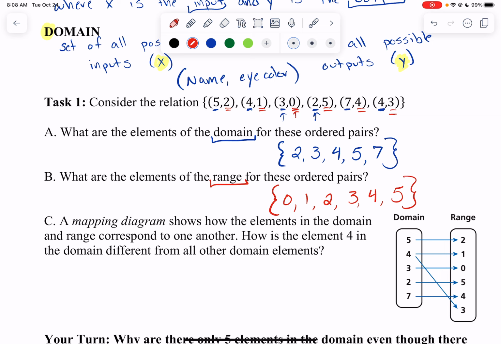All of the possible outputs are in this list.